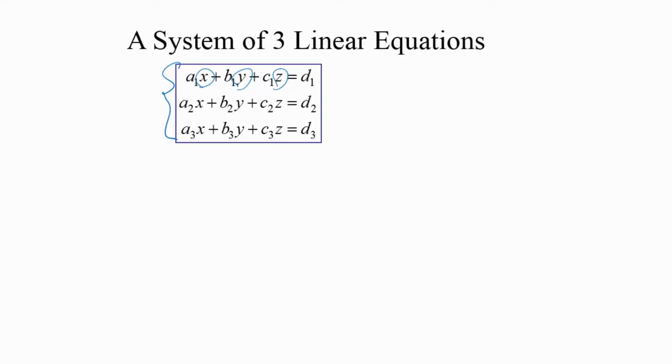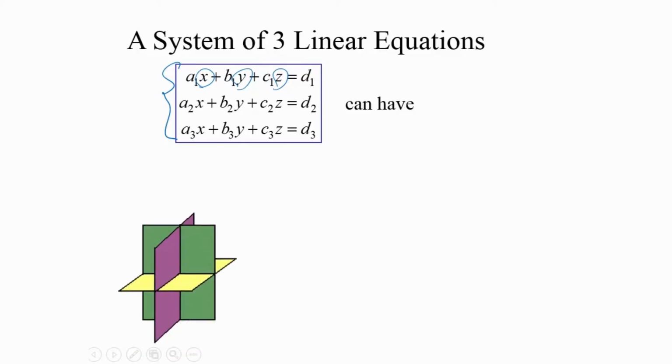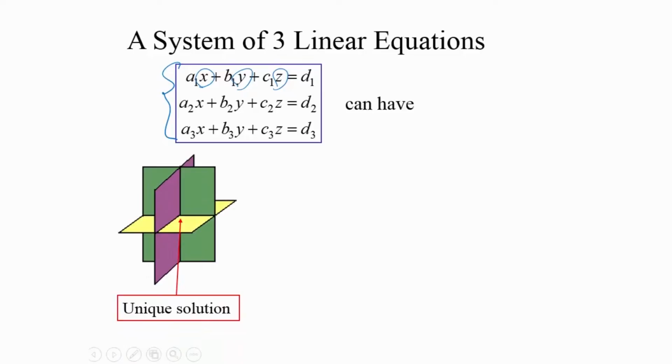Now, again, you can have 3 possibilities. Number one, you can have these 3 sheets of paper. You can see the yellow one, the green one, the purple one. Each one of them is a sheet of paper.